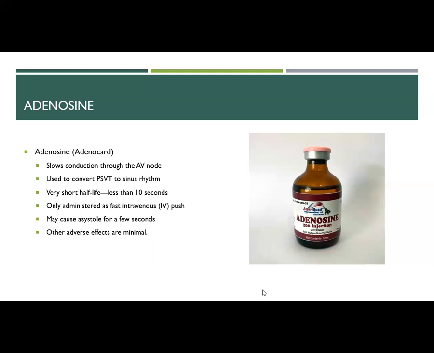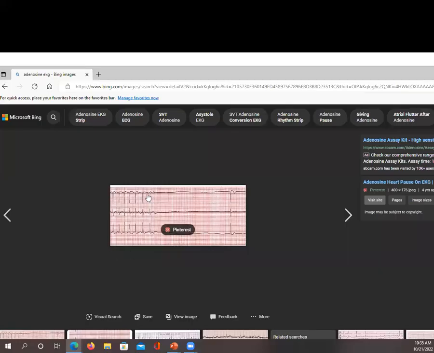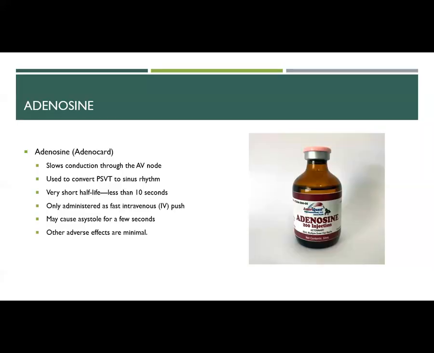So that's the big thing with it: it's going to stop, and then restart. You just want to make sure that you have a provider with you when you give this medication. Adverse effects are minimal. And this is just one of those you push quickly.